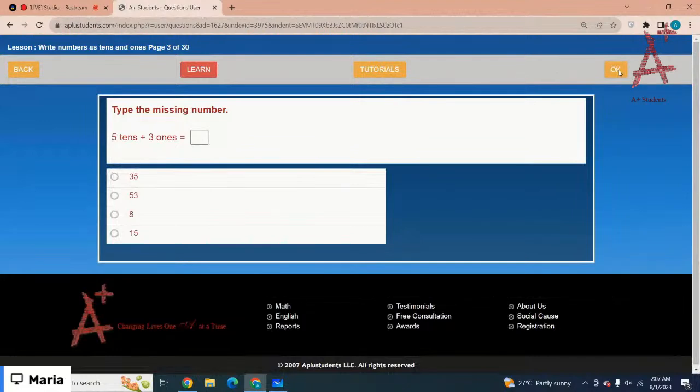So which number do they make together? 5 tens and 3 ones: 3 is at the ones position, the rightmost digit, then you have 5. So it makes 53, right? The correct option is 53.